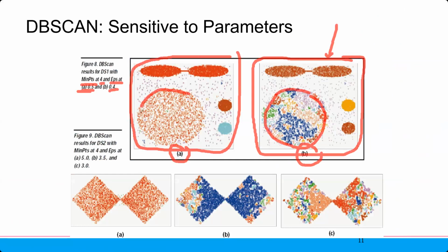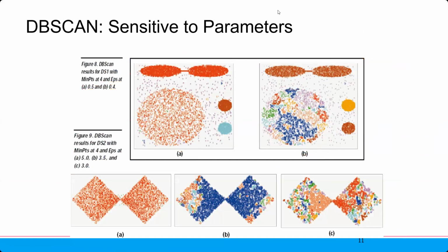But if you look at this one, it seems they create almost only one cluster, because you can still see some green or purple inside. But this one is better than this one for seeing the clusters. However, when you change the EPS to be very small, it will affect the result.